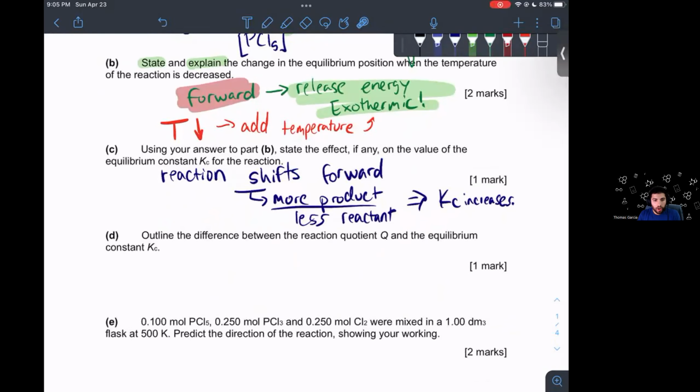All right, moving on to part D, the difference between reaction quotient and equilibrium constant. This is just a difference of where we are in the reaction.